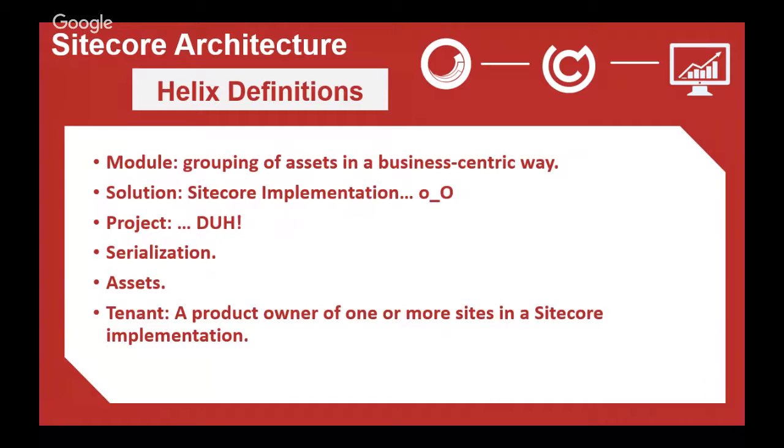So through Helix definitions, what we are concerned with is the meaning of a module. As we said before, modules have usually been defined as a group of components. So let's say a module can be a blog module where you have your listing, your details, your latest blogs, your featured blogs, whatsoever.